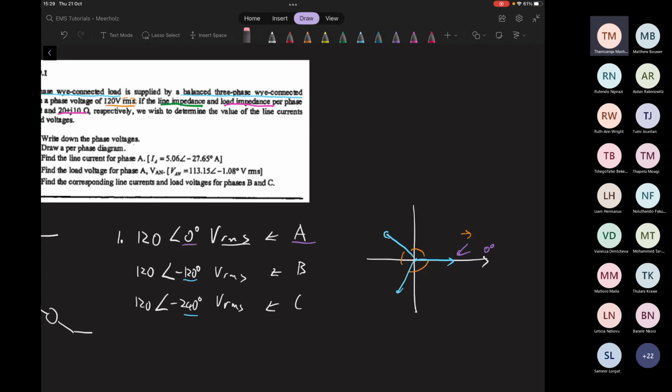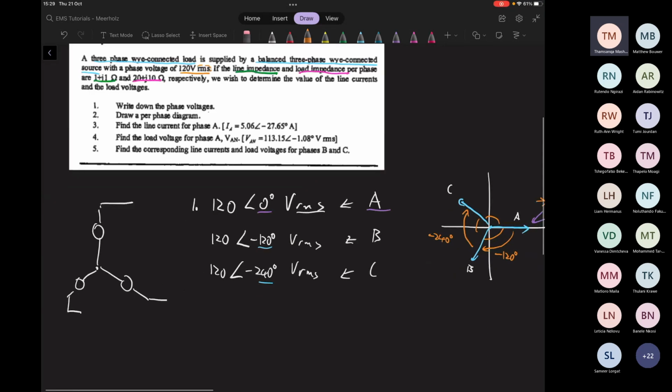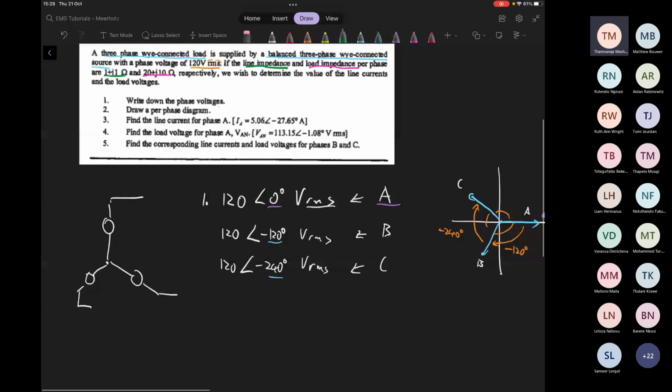If we label this as A, this is B, and this is C, then B must be minus 120 degrees, from 0 to minus 120, and then C will be another minus 120, so it becomes minus 240 degrees. Those are our phases. That's question 1: write down your phase voltages.